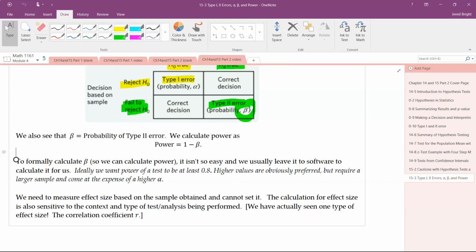We have to use our sample data to generate the effect size, and that's something that we don't have control over. We actually have seen one type of effect size, and it's the correlation coefficient. We can have Excel calculate these, but we need to work in the context to determine the effect size overall.